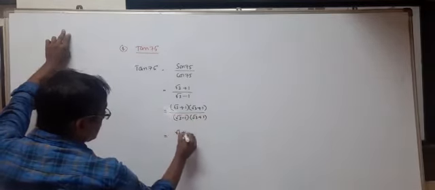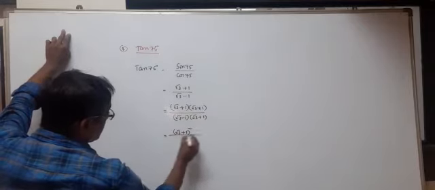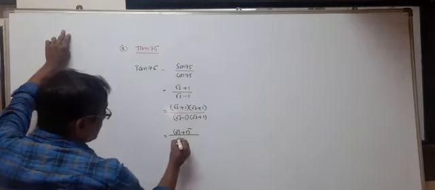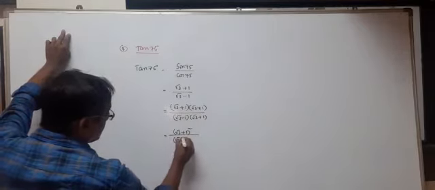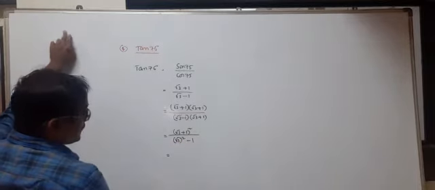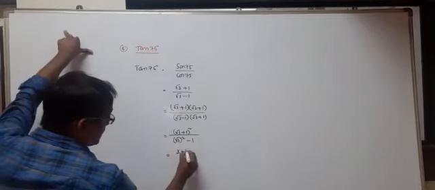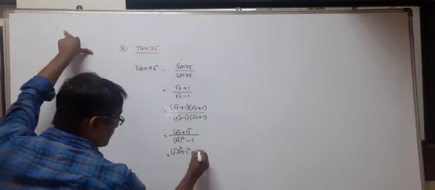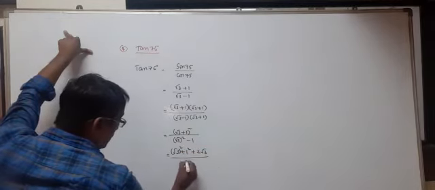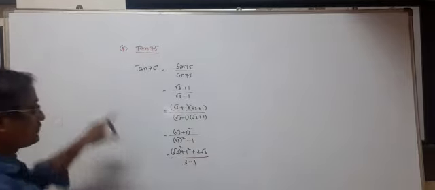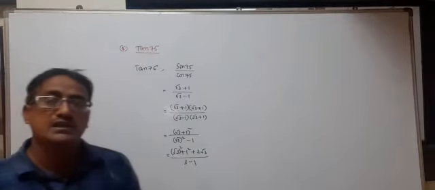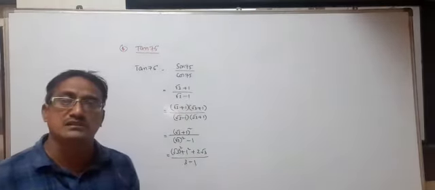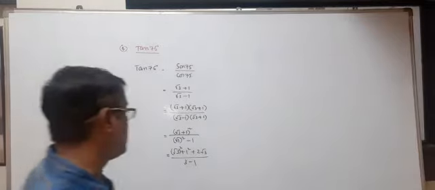So (root 3 plus 1) whole square by, it is (a plus b) into (a minus b), so root 3 whole square minus 1. Now it is 3 plus, that is root 3 whole square plus 1 square plus 2 root 3 by 3 minus 1. In the numerator it is (a plus b) whole square, a square plus b square plus 2ab.